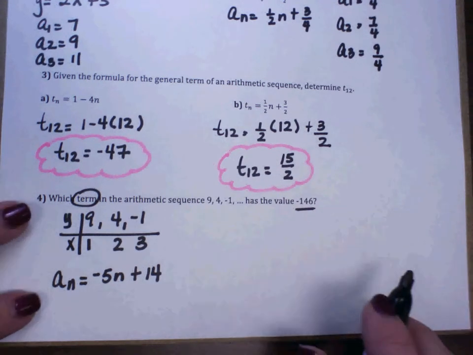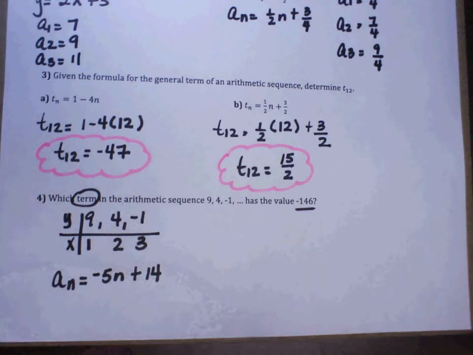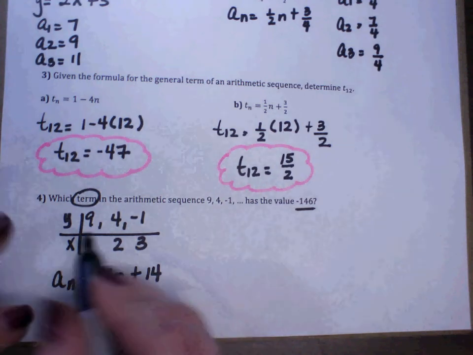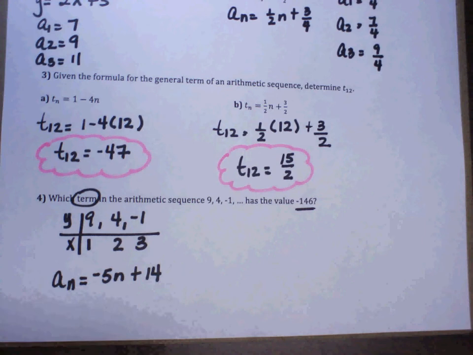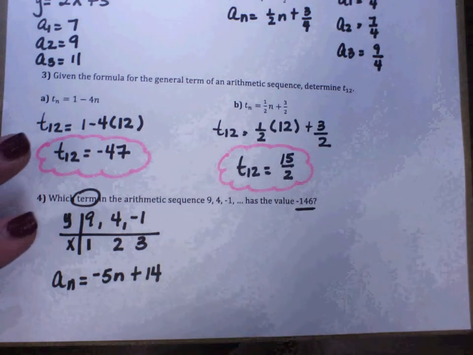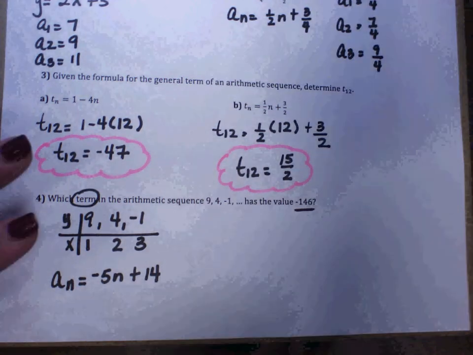Are we looking for x or are we looking for y? We're looking for x, but I don't have any x's because I stopped writing them with y's and x's, unless you want to write it underneath with y's and x's. It really doesn't matter to me as long as you get it right.